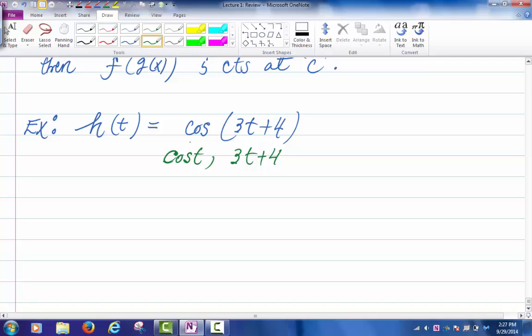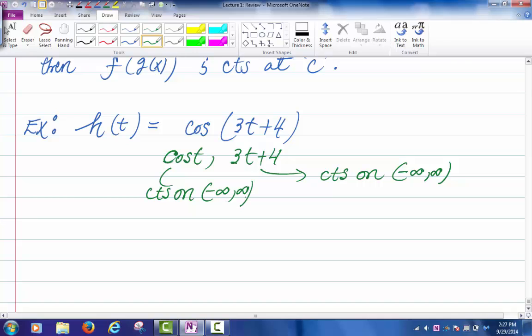Notice that the inside of the composition is continuous on where? Because 3t plus 4 is just a polynomial in t, so it's continuous everywhere. We saw that cosine t is continuous everywhere as well, right?